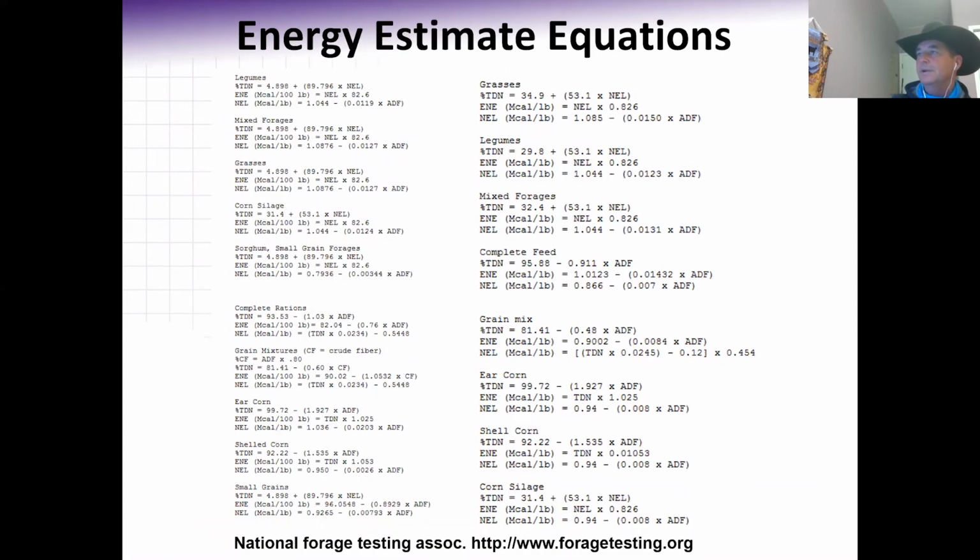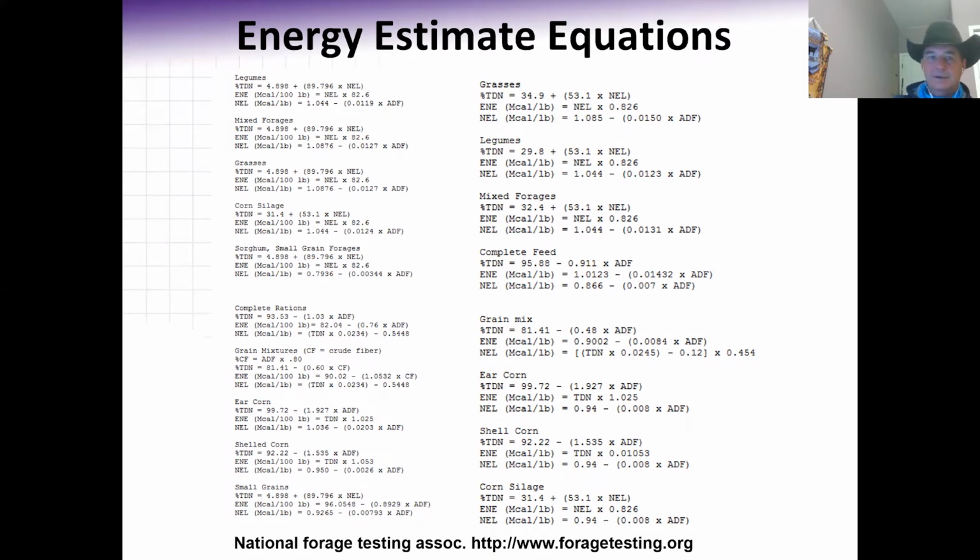On the screen here is just a sample of some of the many equations that are going to be used by a lab to calculate energy estimates. The most important thing you want to know about this is there are different equations for different types of forages and feedstuffs. So this is one of the most important reasons why you want to label your sample correctly.